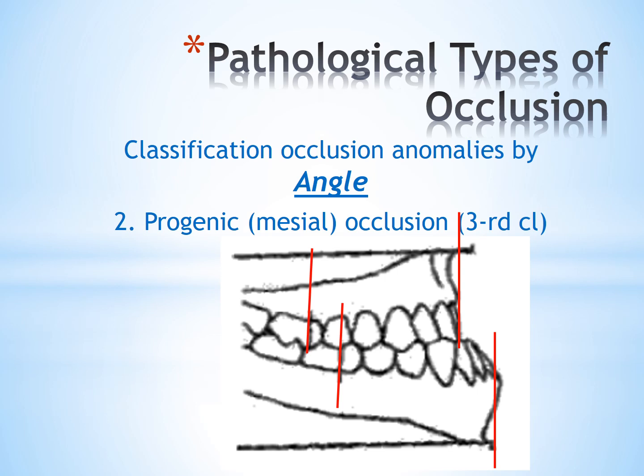Let's talk about the advantages and disadvantages of the Angle classification. Nowadays it is the most widespread classification around the world, and I hope you know why. Because it is a simple classification.